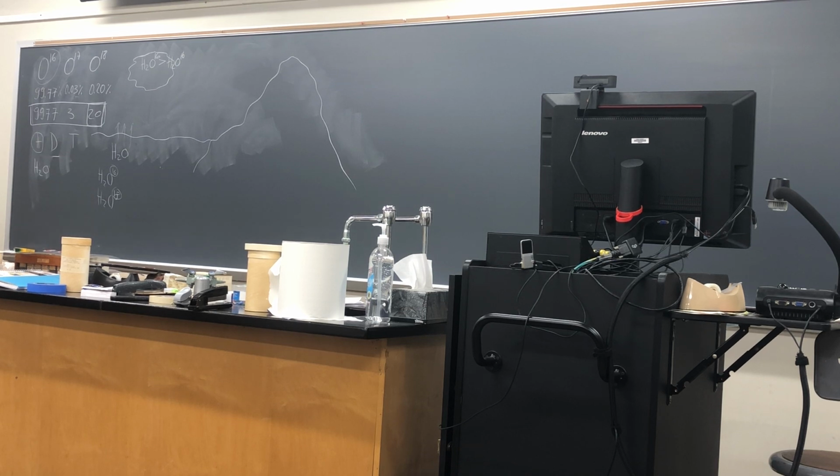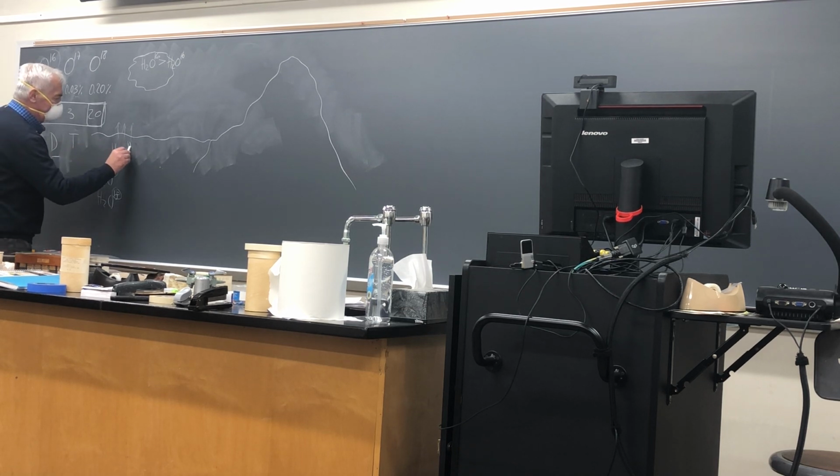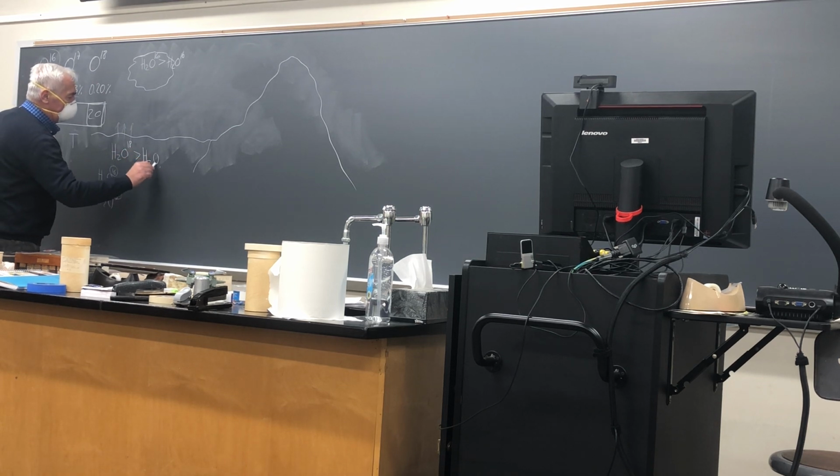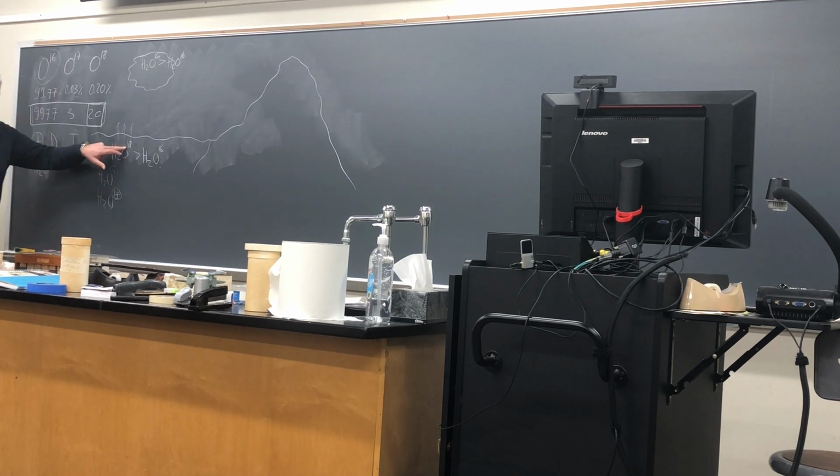So the ocean water will have the slight enrichment of oxygen 18, or heavy oxygen isotope water, versus light oxygen isotope water. So that's the first step. Is that right? So these clouds start raining.